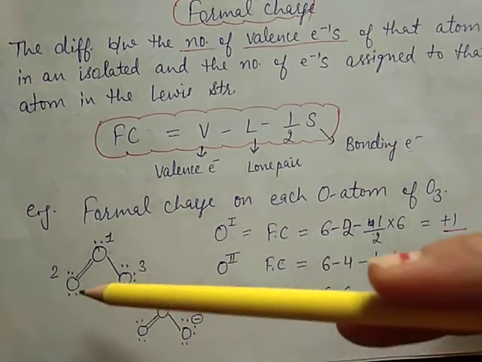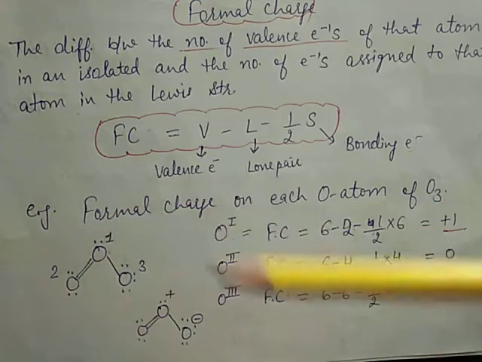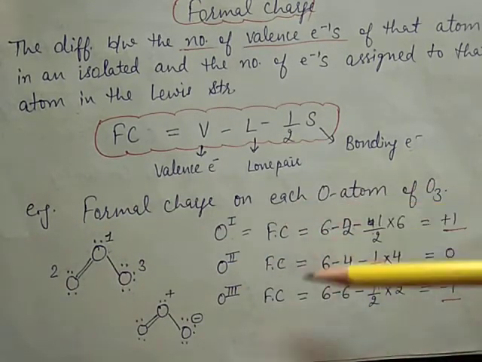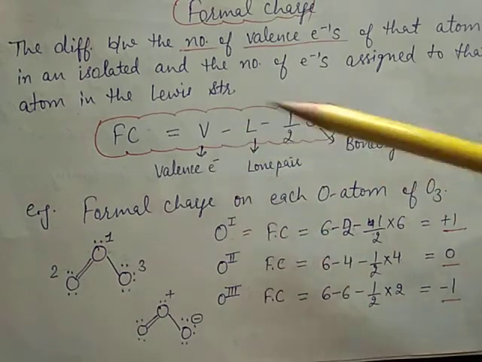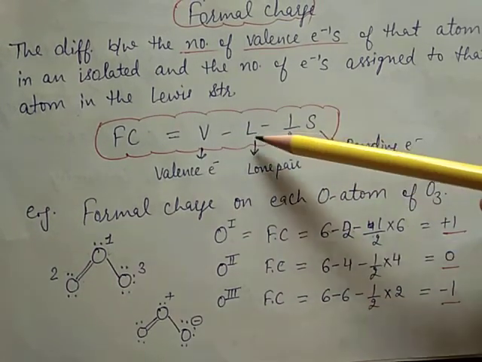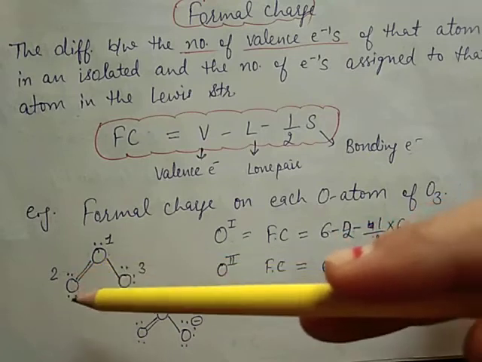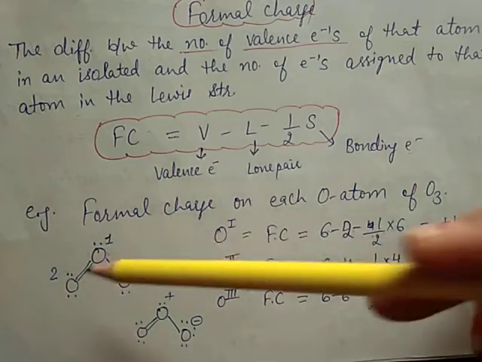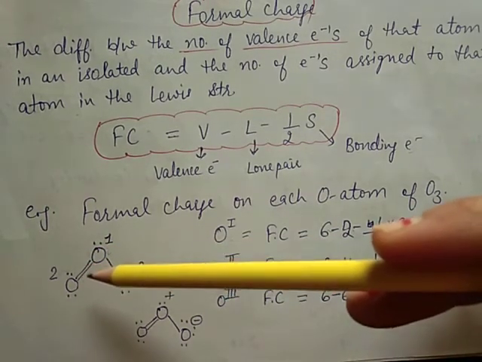In the case of the second oxygen, this oxygen atom, the formal charge is equal to valence electrons 6, minus lone pair electrons, 1, 2, 3, 4. 4 electrons are present. So 4, minus half into how many bonds are present? 2 bonds are present here.